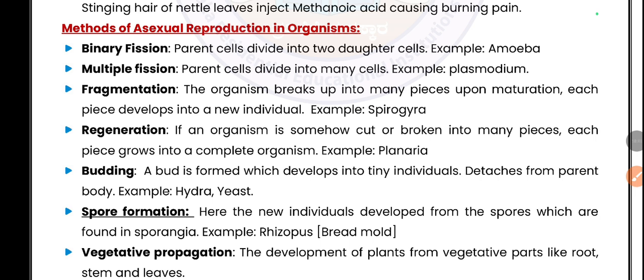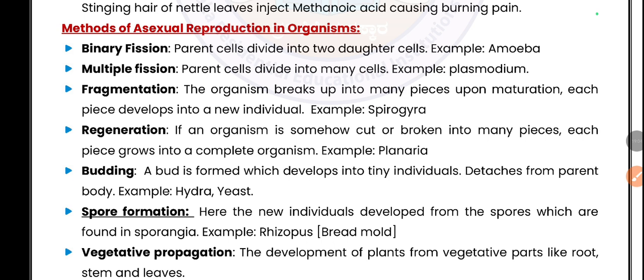Each piece develops into a new individual. Example, Spirogyra. Regeneration: if an organism is somehow cut or broken into many pieces, each piece grows into a complete organism. Example, Planaria. The next, budding: a bud is formed which develops into a tiny individual and detaches from the parent's body.